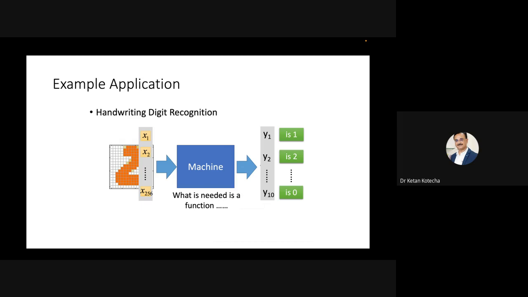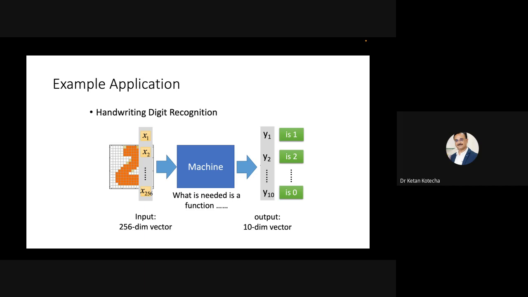So we need a machine learning algorithm which will do this. Your input is a 256 dimensional vector, because that is the number of bits, or rather pixels. Your machine learning algorithm is initially random. Your output is a 10 dimensional vector, because you are classifying 0 to 9.